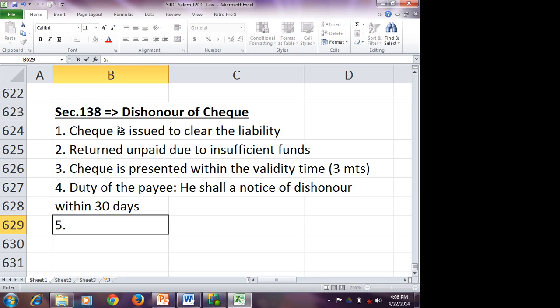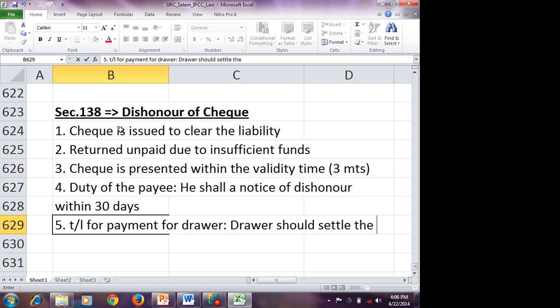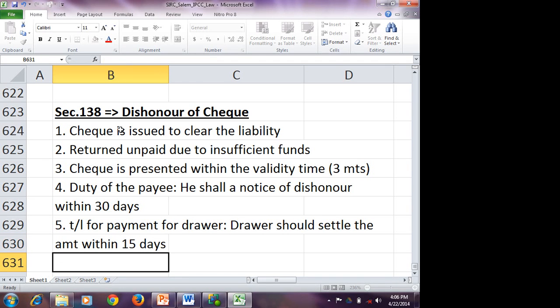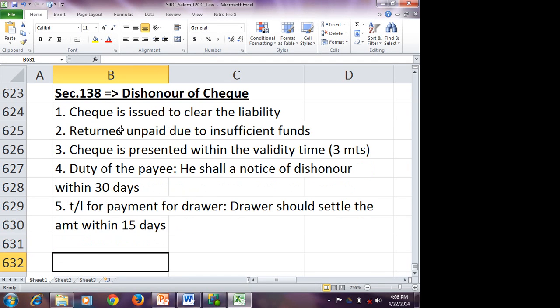Then what is the time limit for payment? What is the time limit for the drawer? The drawer has to settle the amount within 15 days. If the drawer fails to settle within 15 days, what happens?